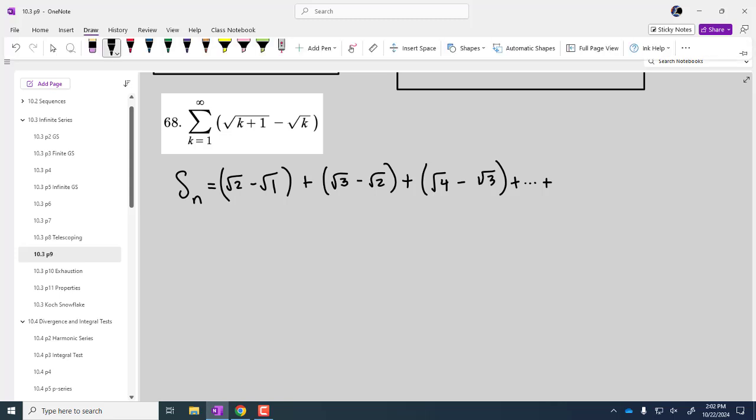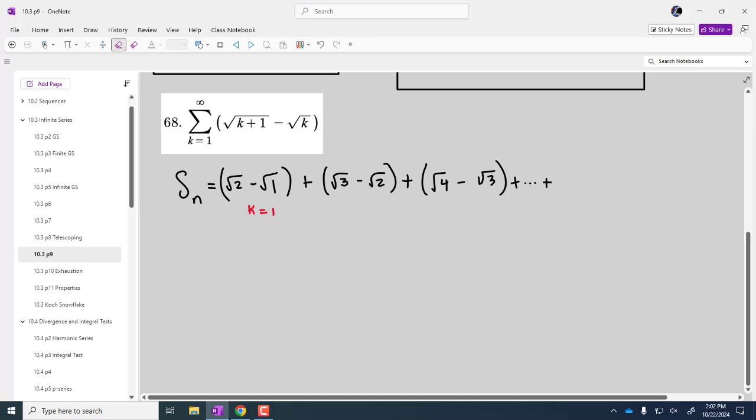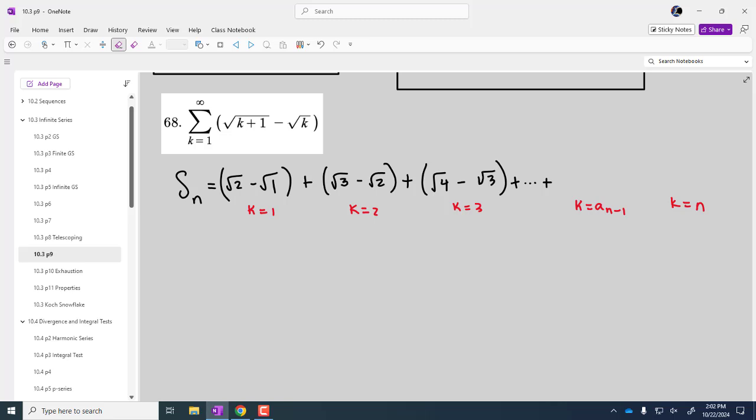This series is nice because it has a counter that starts at 1. So that means the index is keeping track of the term number. If we want to get out to the nth term, we just have to go through the k values 1 through n.